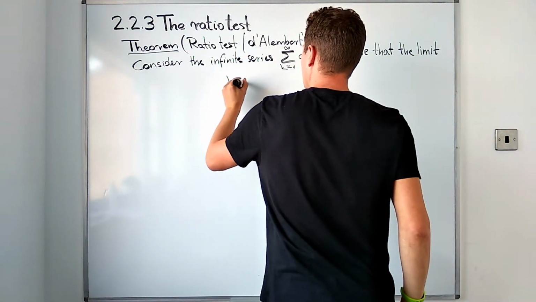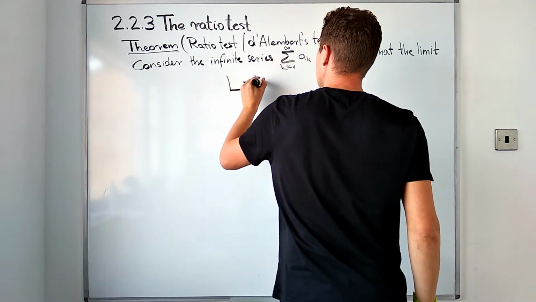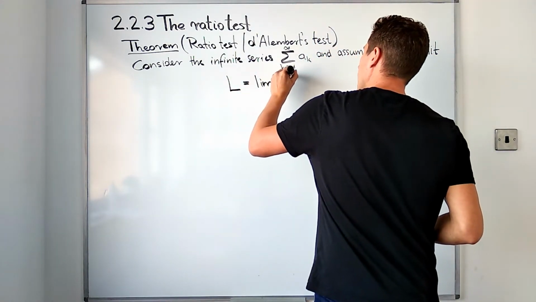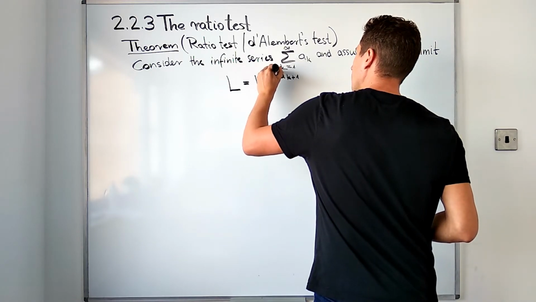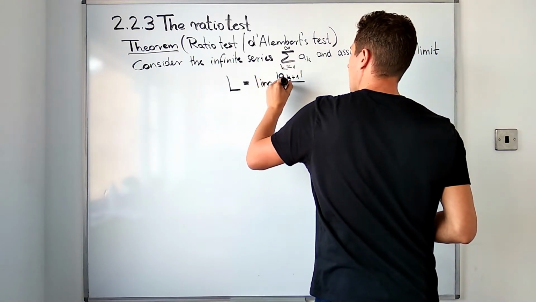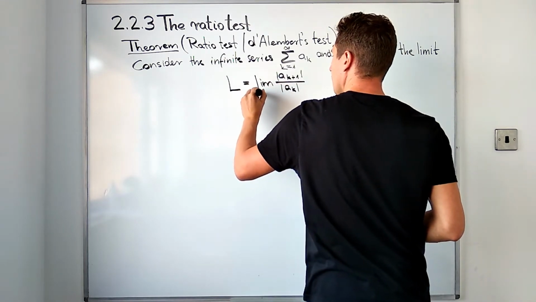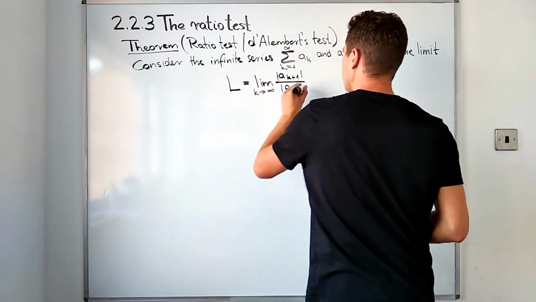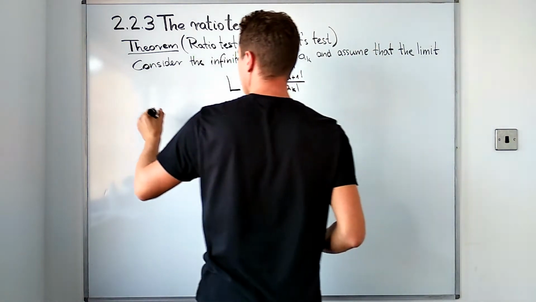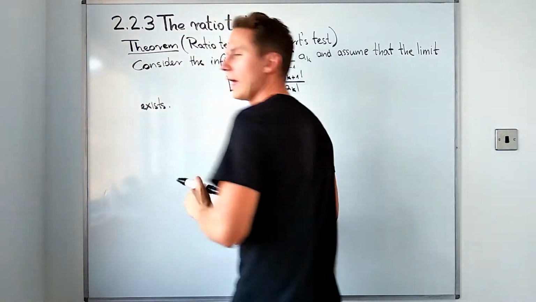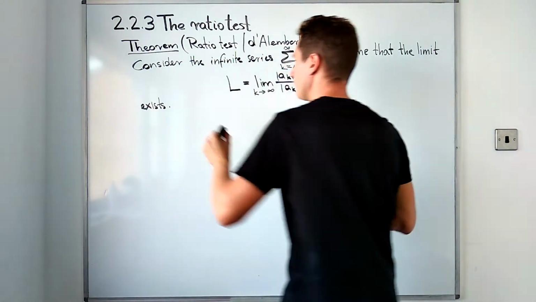So we take L to be this limit of the k plus first term divided by the kth term, both in absolute value, as k goes to infinity. So we assume that this limit exists, and then we have two cases.